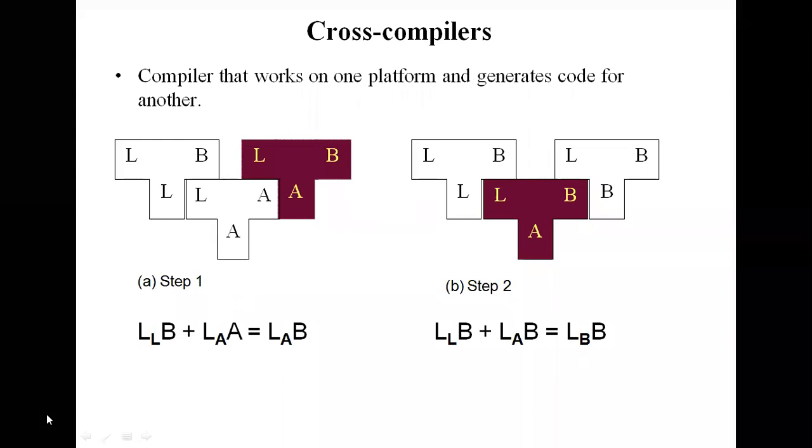Why am I explaining the incremental compiler? Because the incremental compiler and the cross compiler come under the types of compilers. If asked to explain the types of compilers, first explain what a cross compiler is with an example, giving the T structure, and then explain the incremental compiler.